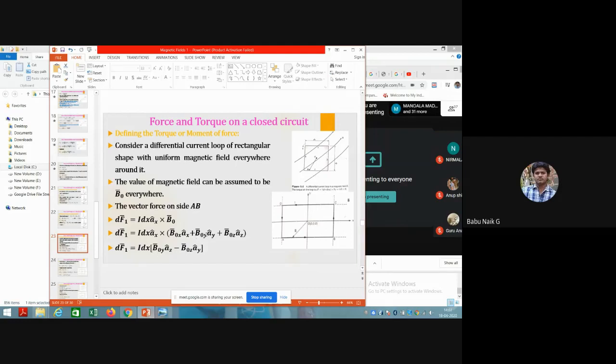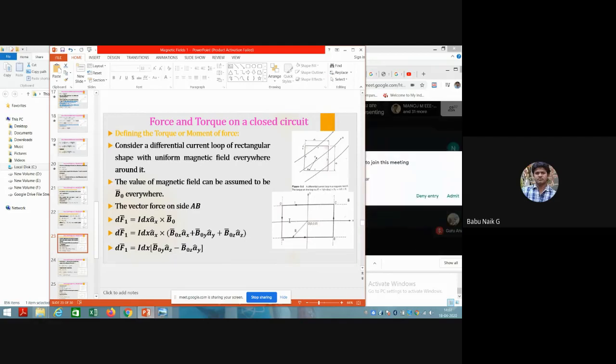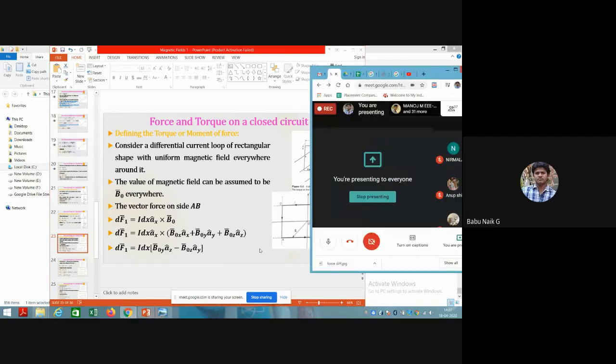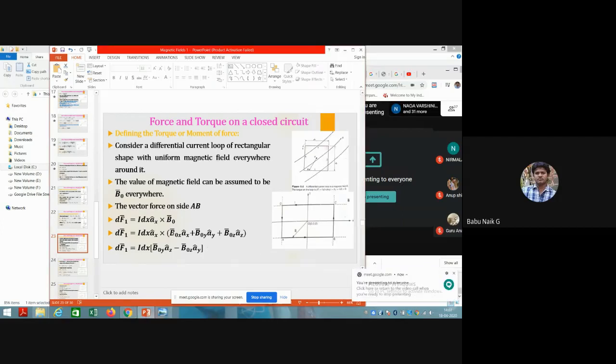With this, a cap x means the current is flowing in the x direction, and your magnetic field has Cartesian components. Now take the cross product: a cap x cross B bar naught vector, where I dx is constant.